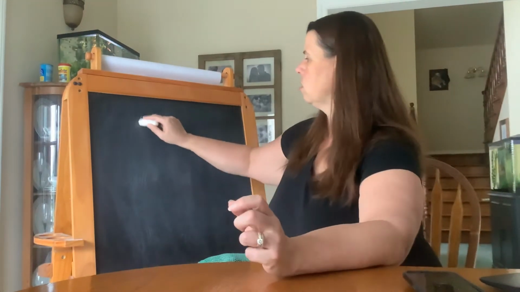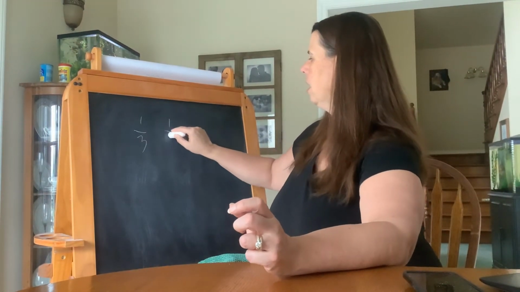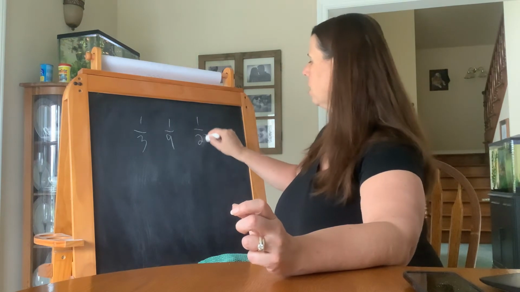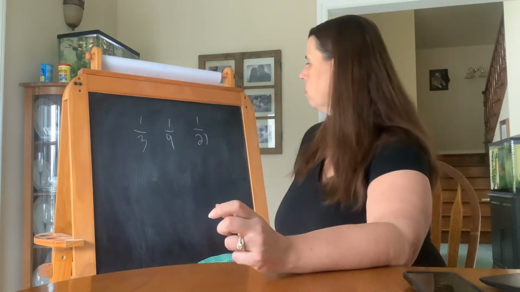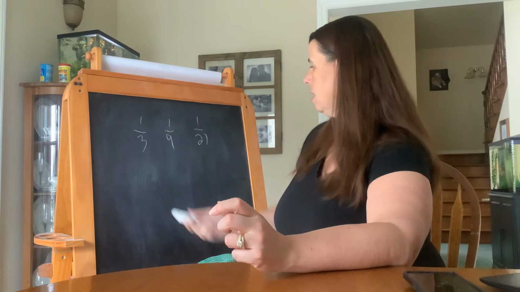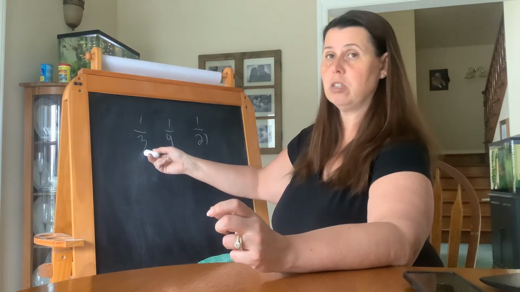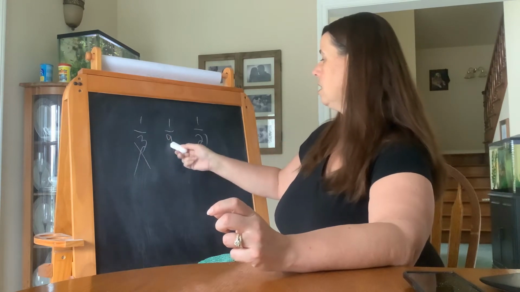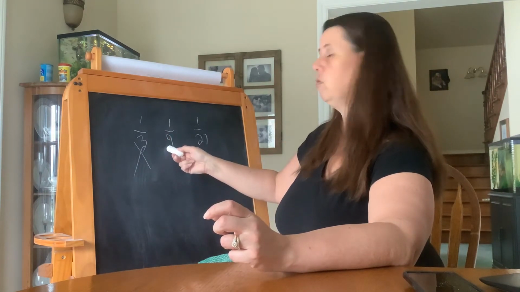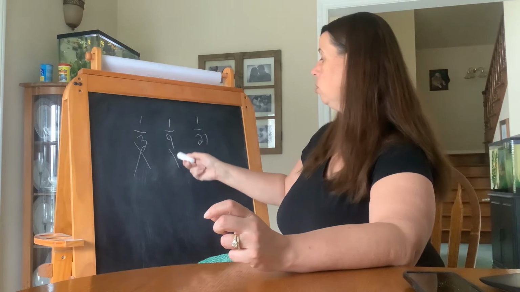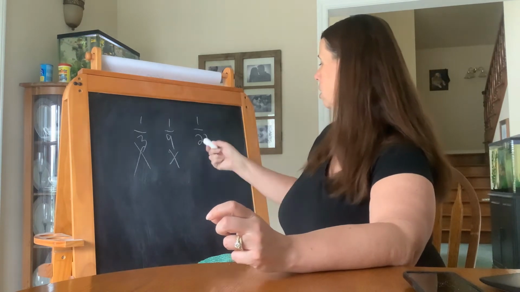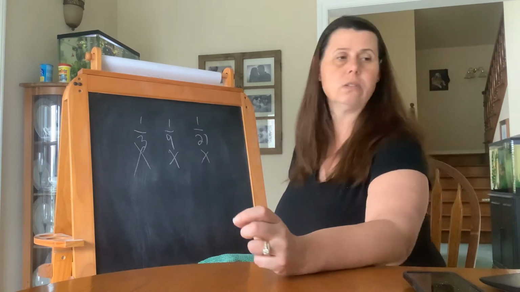So 1/3, 1/9, 1/27. Oh, okay, I get it, because those are the powers of 3. Well, is this some combination of 2 times 5 or 2 times 2? Nope. Is this one a combination of 2, 5, or 2 and 5? No. Is 27? No.